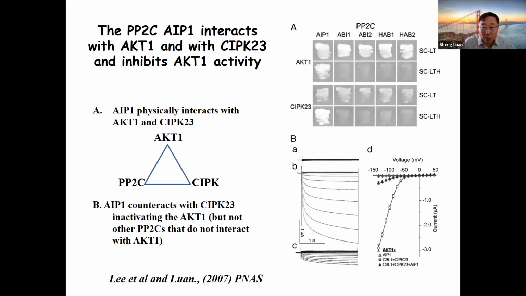Here's an example: if you co-express CBL, CIPK together with AKT1, the channel activity is huge. Now, on top of that, if you co-express PP2C, the channel current gets much smaller. You can play around with the channel activity by introducing different ratios of negative and positive regulator, and pretty much control how much the channel output is.